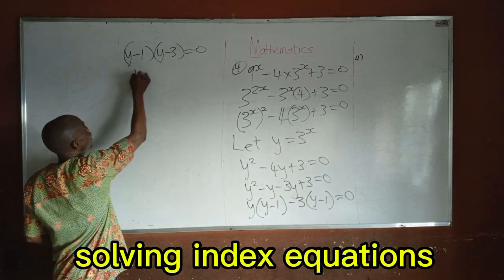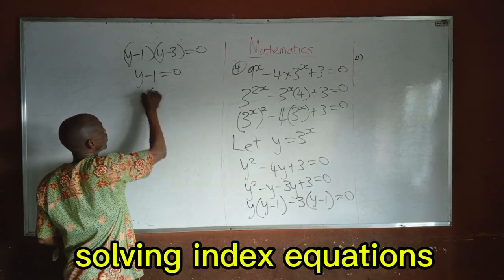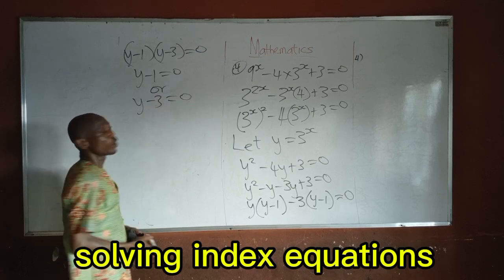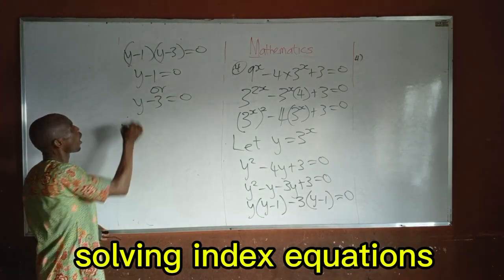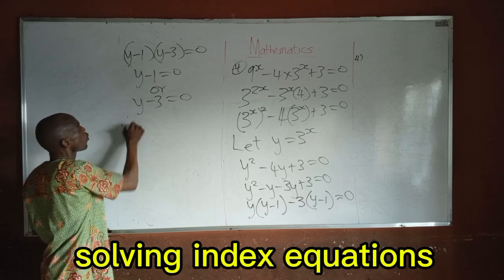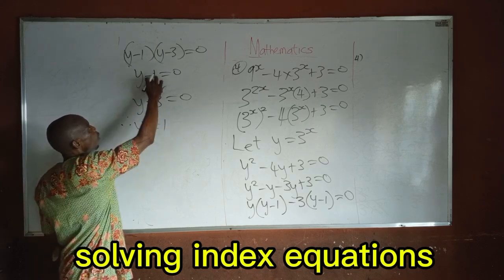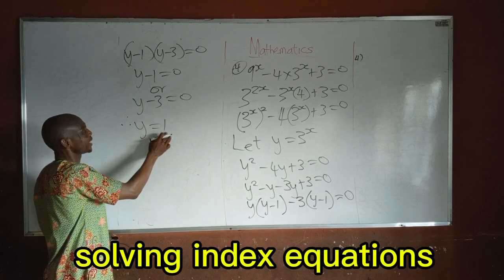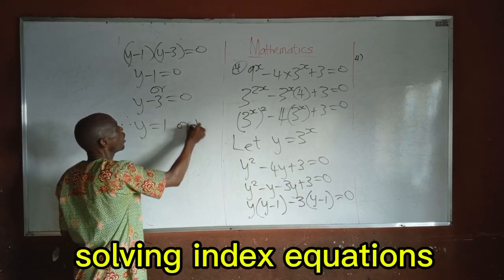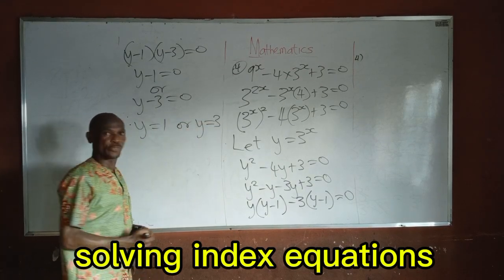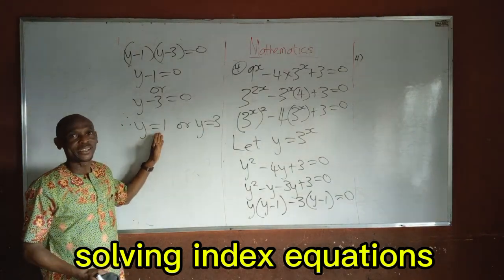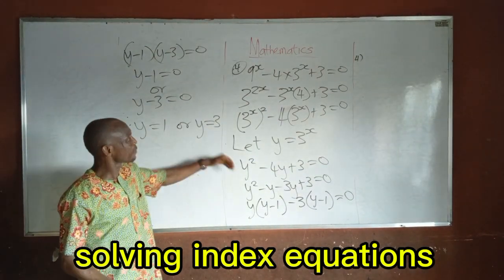So this means that y minus 1 is equal to 0 or y minus 3 is equal to 0. Therefore, what do we have? It means y is equal to 1. When minus 1 crosses the equality sign, it becomes 1. y is equal to 1 or y is equal to what? 3. We have succeeded in finding the value of y, but we are to find the value of x.